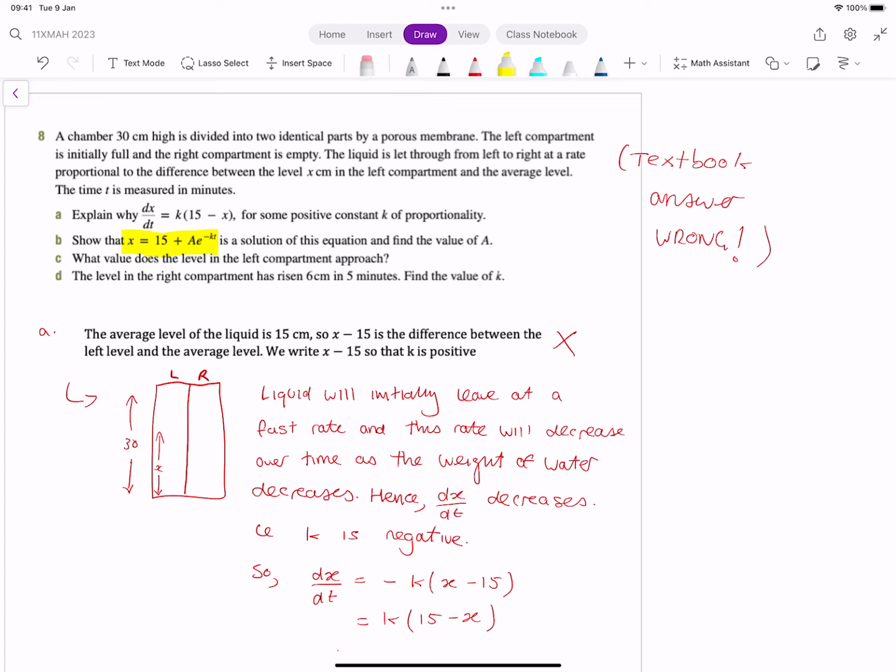If it fell by 2, it would go to 28 and 2, and 27 and 3, and so on. The averages of all of those numbers is always going to be 15. So the question says that the rate is proportional to the difference between x and the average level. That's where your x minus 15 comes from. Now this part of the answer makes no sense because it's not actually answering the 15 minus x.